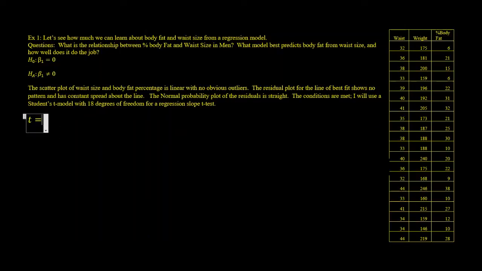So t equals 8.143. Our p-value is 1.8999 times 10 to the negative 7th.